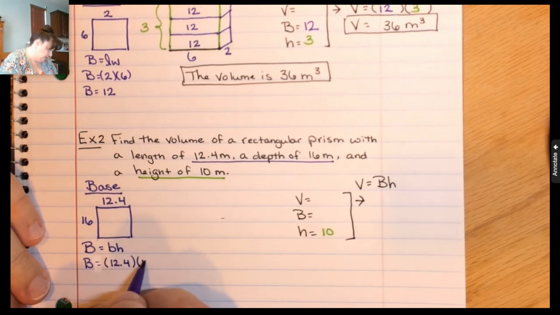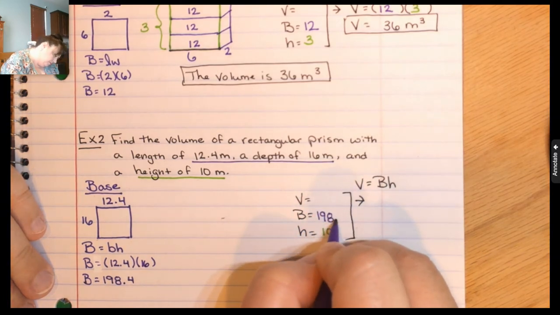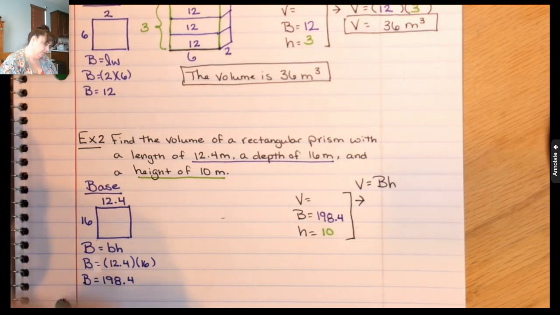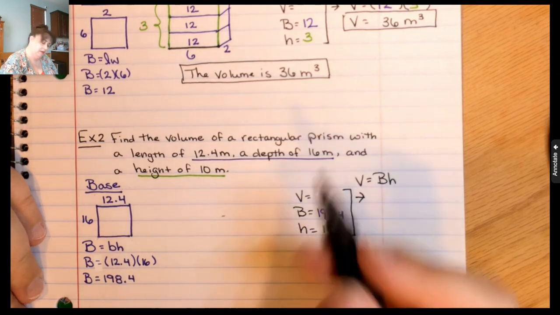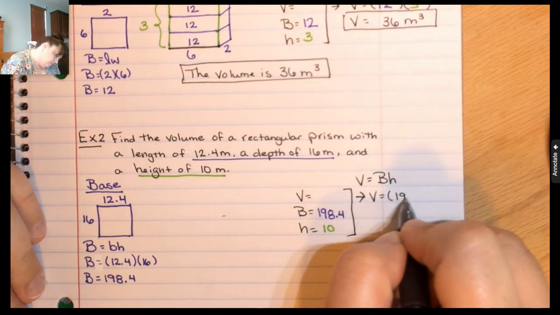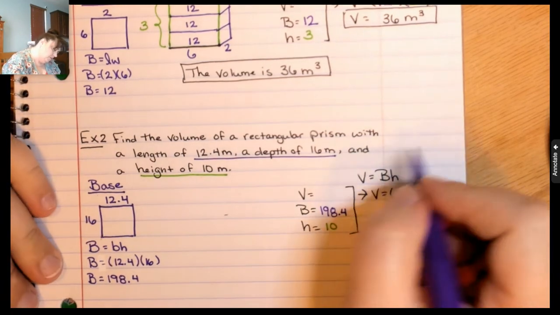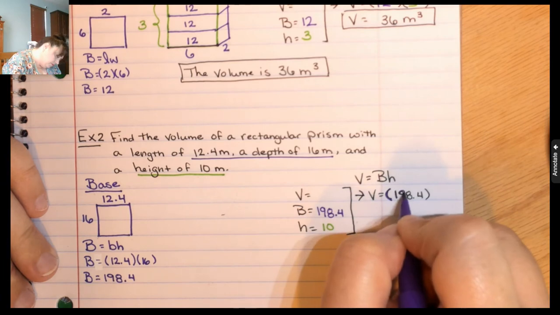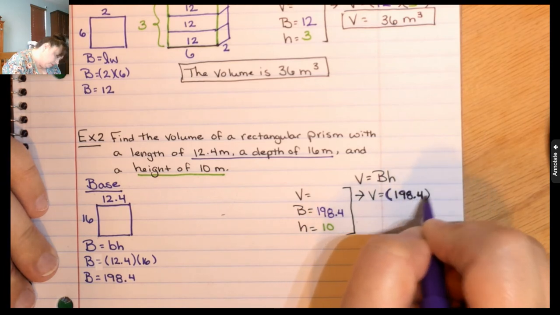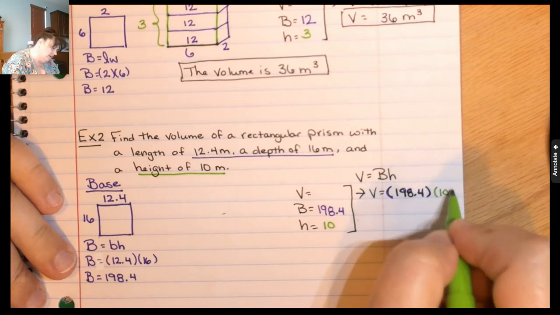12.4 times 16 is 198.4. Okay, so now I have my two things. So 198.4 times 10.